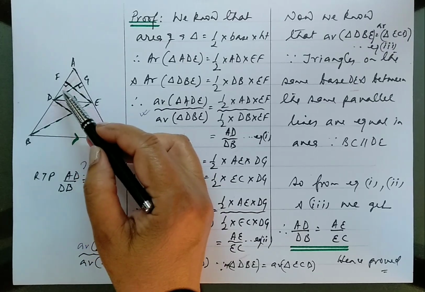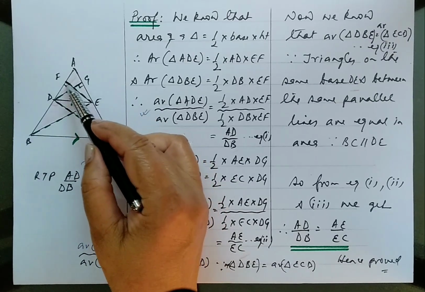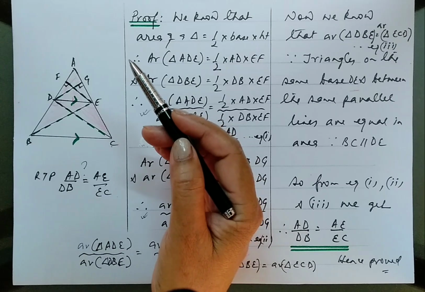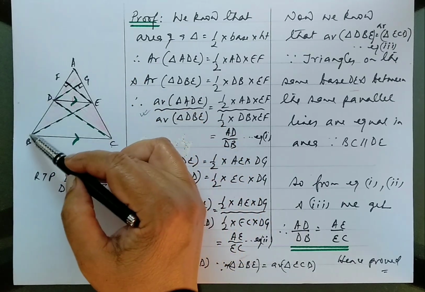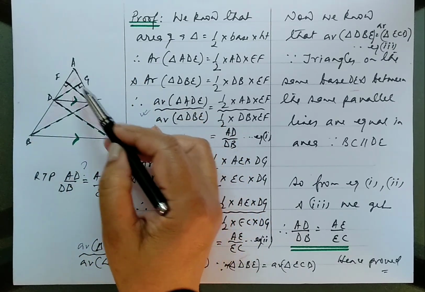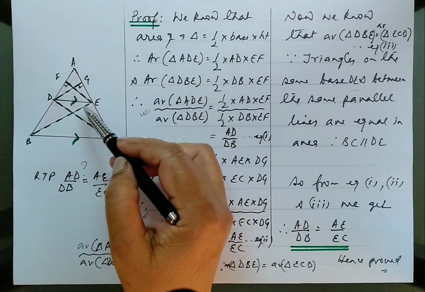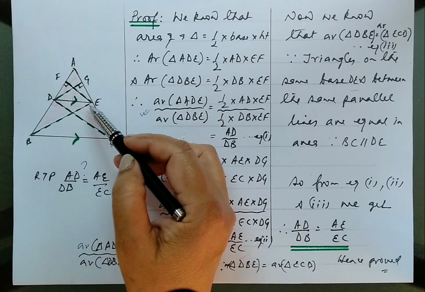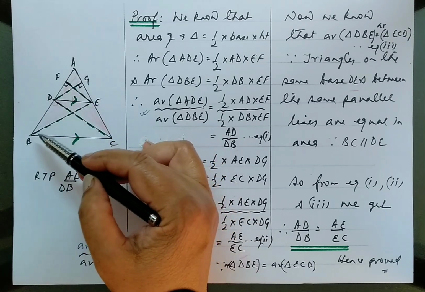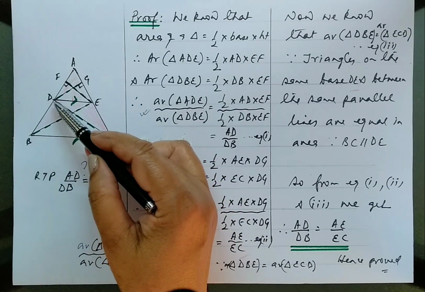So AD has an altitude EF, isn't it? And DB has an altitude EF as well. Now, some must be wondering how we can pick up EF to be an altitude for BD.